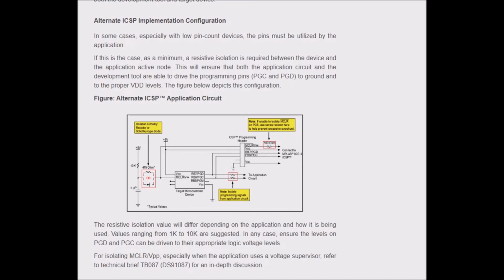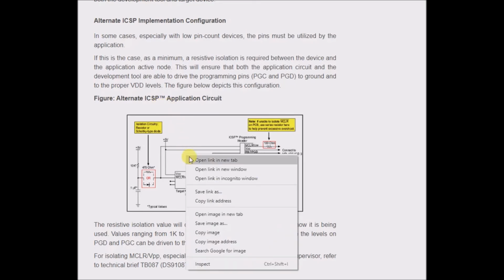This will ensure that both the application circuit and the development tool are able to drive the programming pins, PGC and PGD, to ground and to the proper VDD levels. The figure below depicts this configuration. Figure: alternate ICSP application circuit.